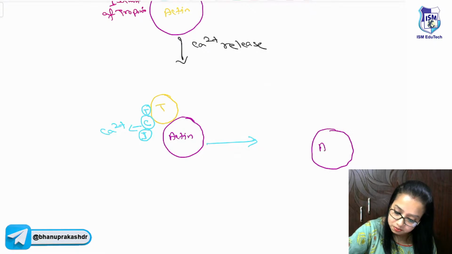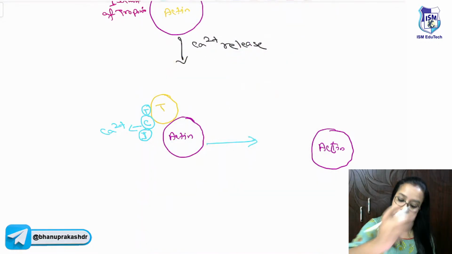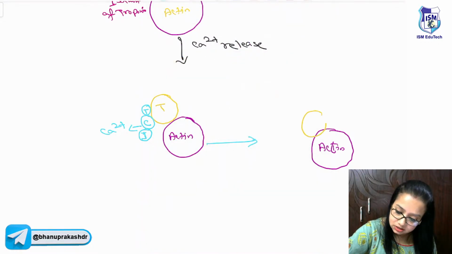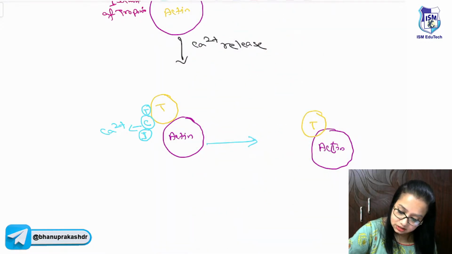It not only pulls, it causes swaying of this inhibitory site upwards. Calcium is bound.